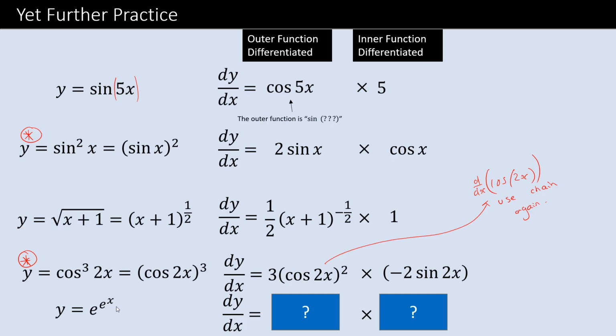So I've got e to the something, which differentiates just to be e to the something, the function that we started with, times by e to the x differentiated, which is just e to the x. So e to the x differentiated is just e to the x times e to the x, which is quite an interesting tongue twister to get your tongue around. Quite fun. Anyway, I'm wittering.